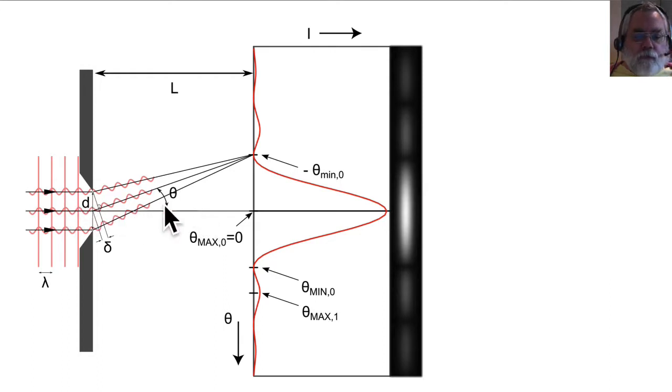If it comes straight through the slit, we get the most intensity, which here we see as a bright white part of the blob. This red curve is a graph of the expected intensity versus position on the screen.